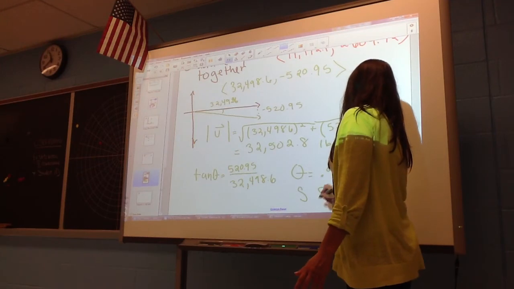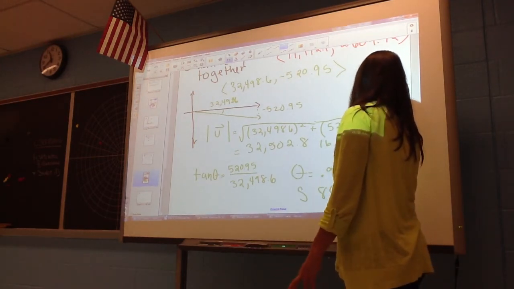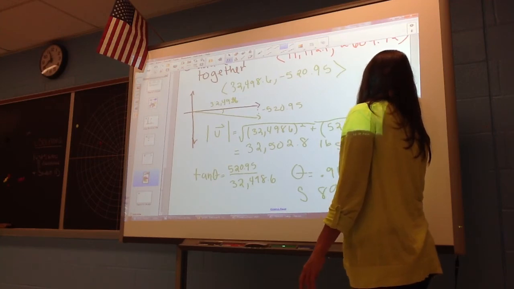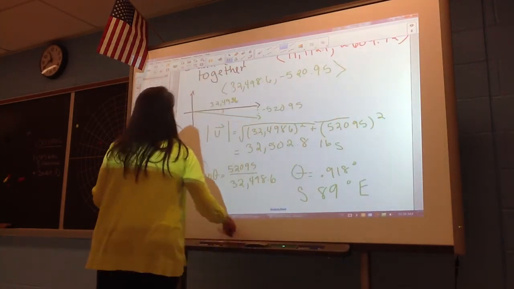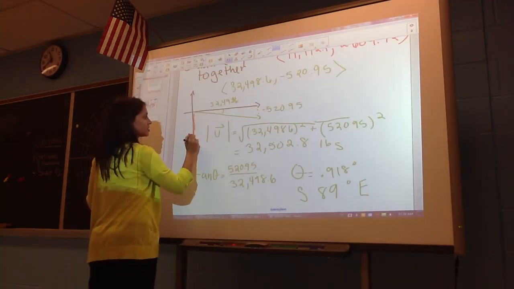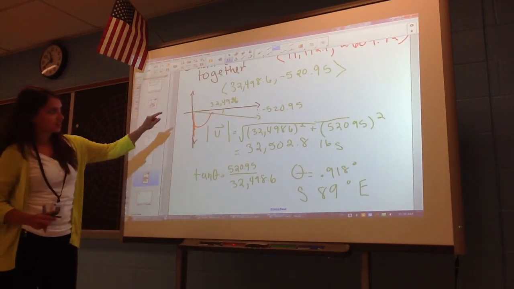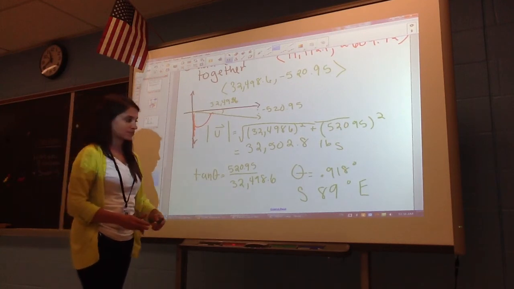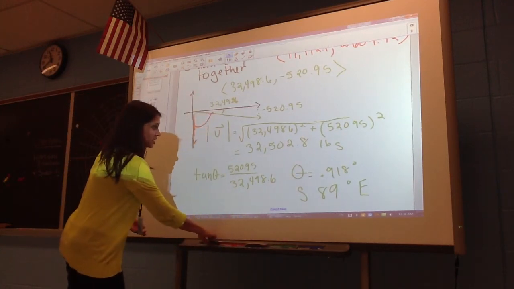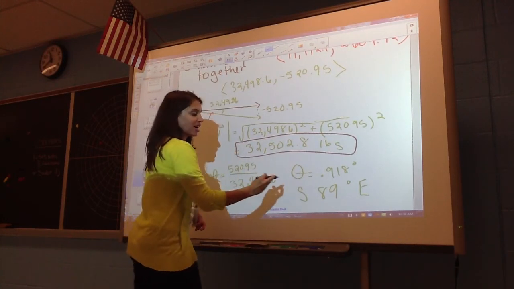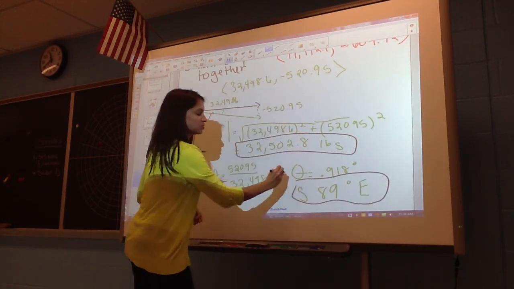You get about 89 degrees. Obviously, I'm rounding just a little bit. South, 89 degrees east. That means I'm rotating from south, from here, 89 degrees to get to that green vector. And so our two answers. Here's my magnitude. Here's my direction.